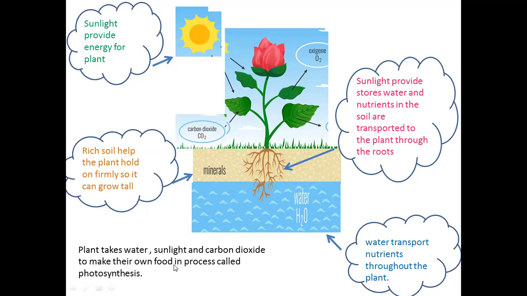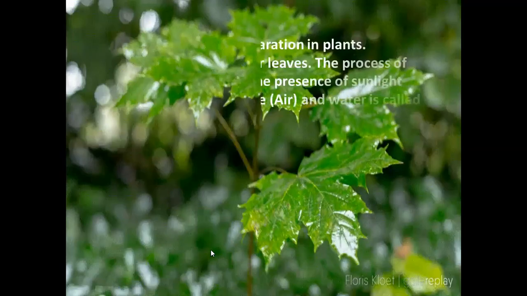Hope you will understand why they need sunlight, water, and good soil, for the purpose to get their food. And what is this process called? The process is called photosynthesis.